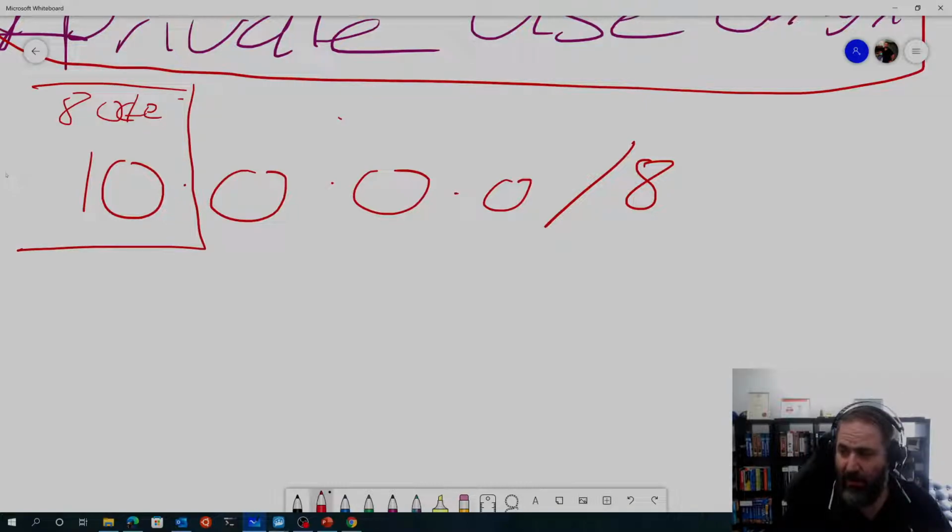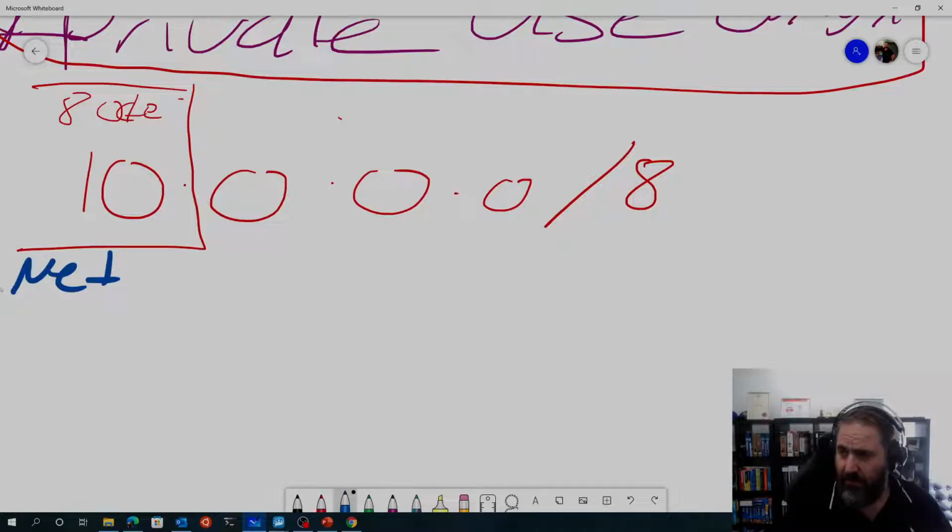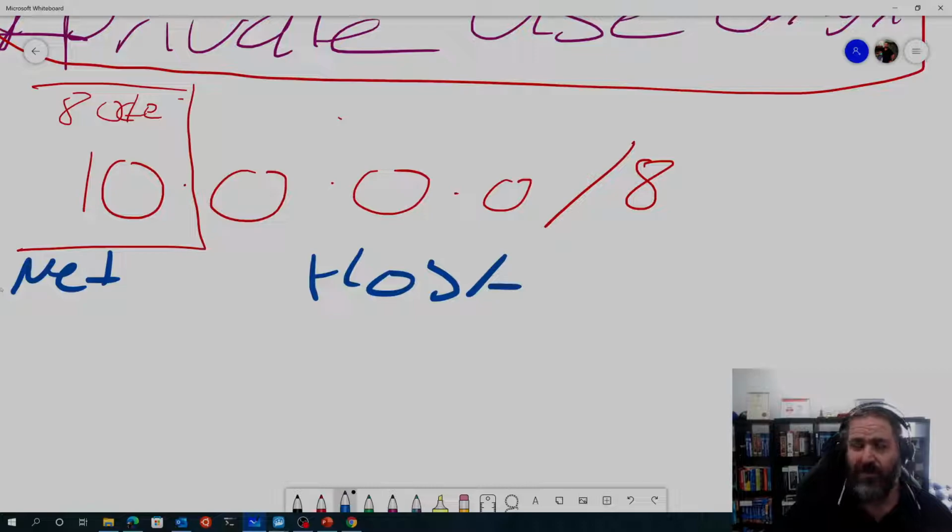So this is network, and that's host. That's a lot of hosts. That's 16 million or something like that. I don't know, maybe we should look it up somehow. But that's a lot of hosts, and not that many networks. Not that many networks at all.